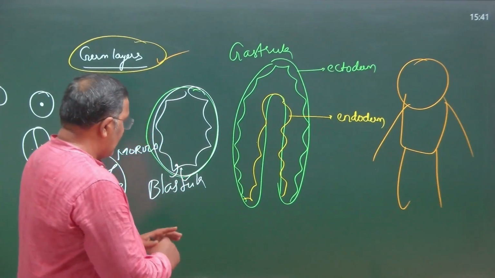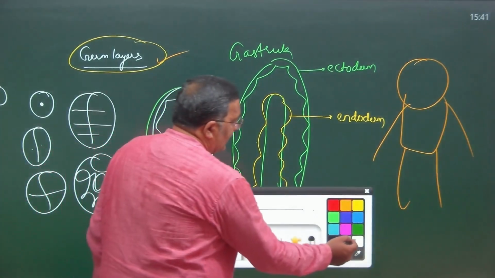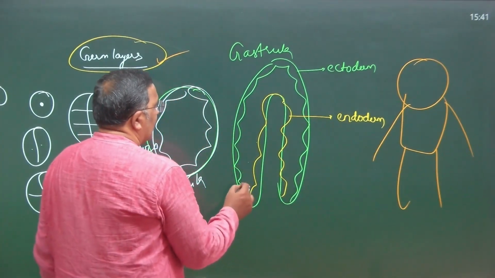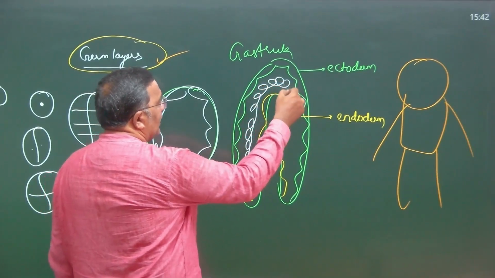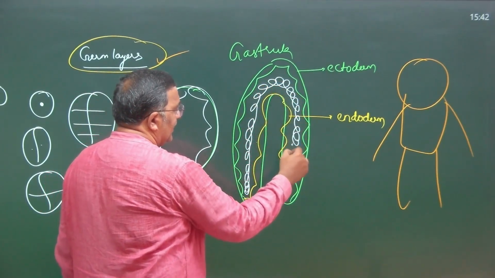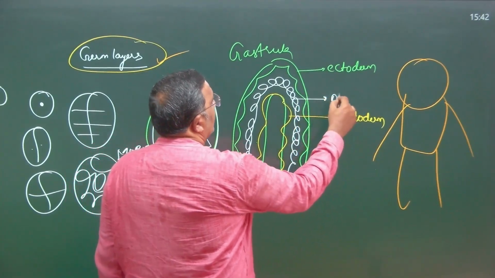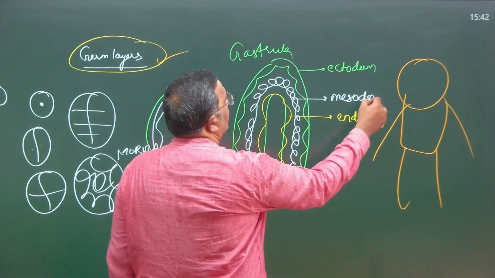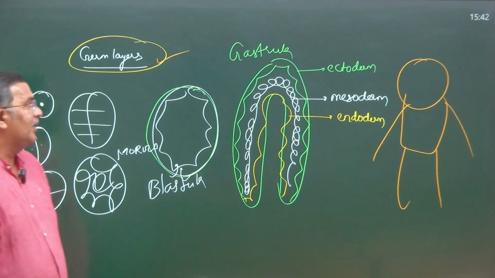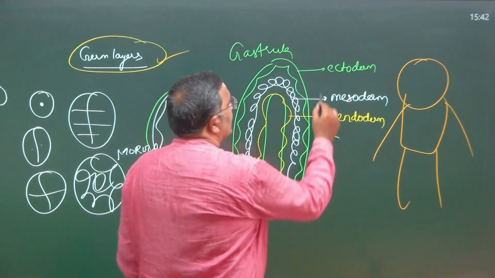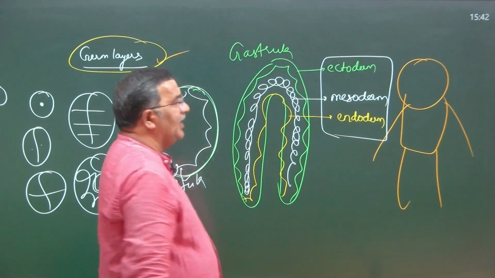Now that you know what germ layers are, let's talk about diploblastica and triploblastica. Another layer I am going to draw in this gastrula stage, in the middle, we say mesoderm. Middle layer we can call mesoderm. So what are the three germ layers?